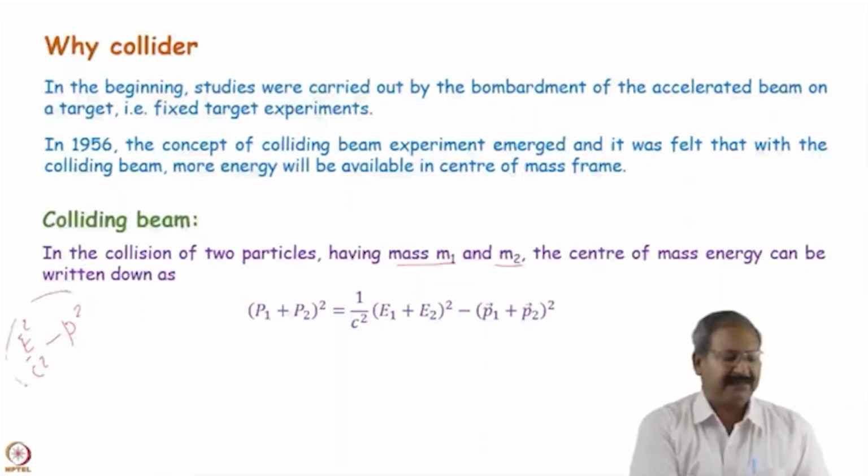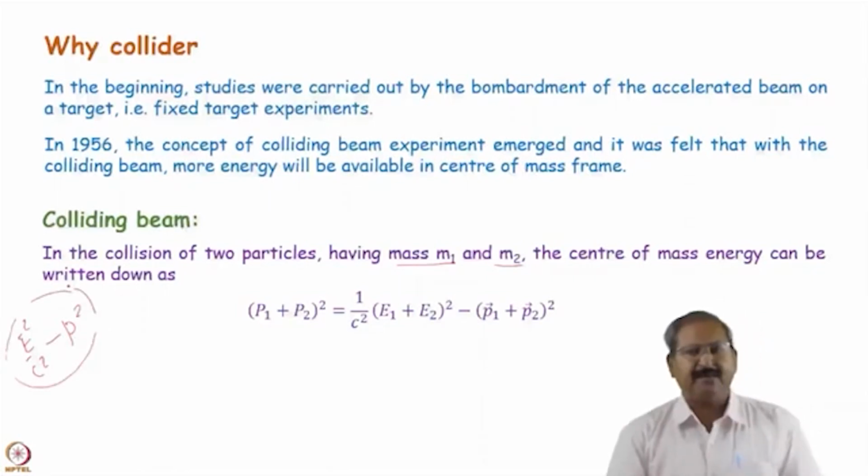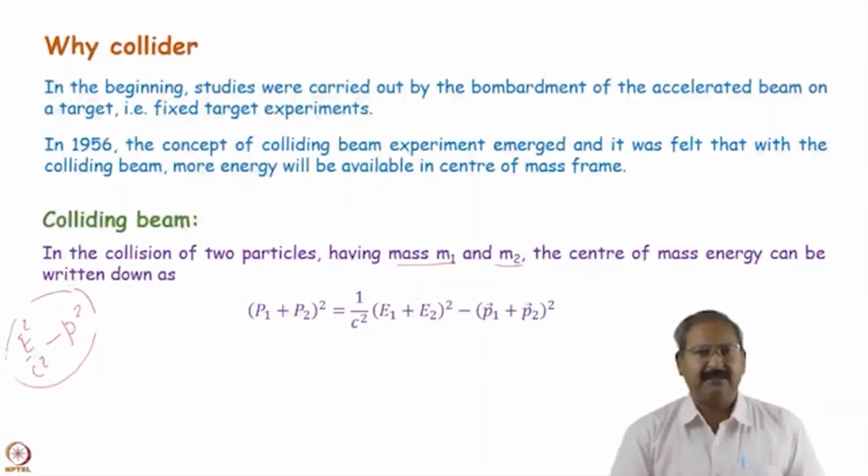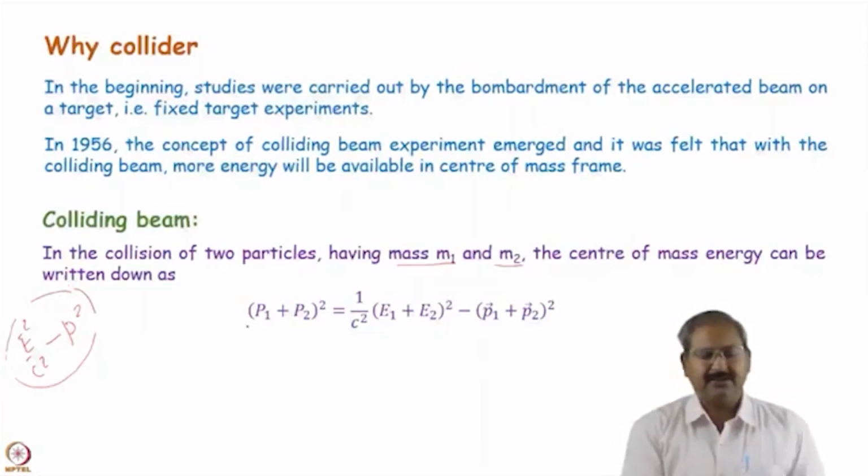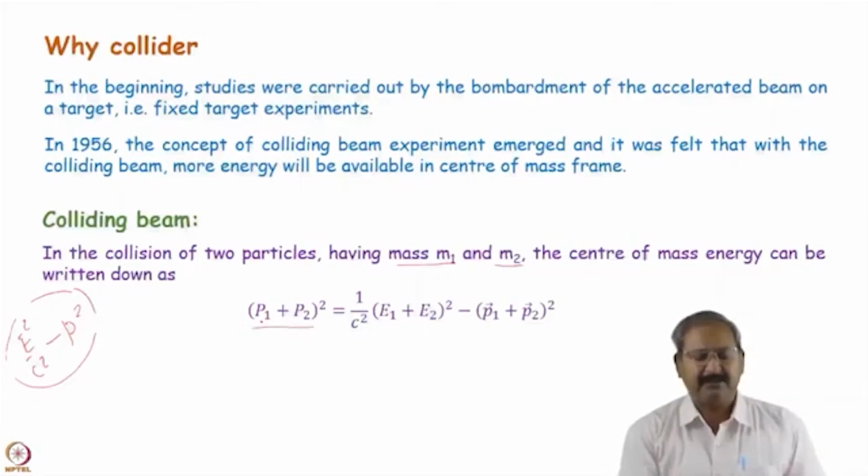This is the inner product of the four momentum which we calculated in the last slide. For the two particles, the total four momentum will be P1 plus P2, and we take the square of this.